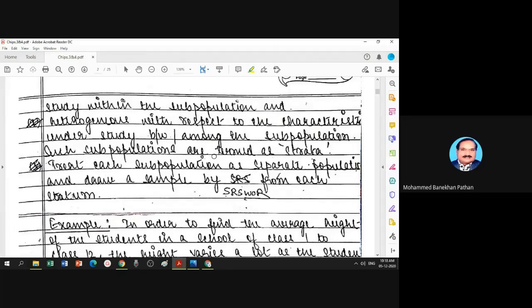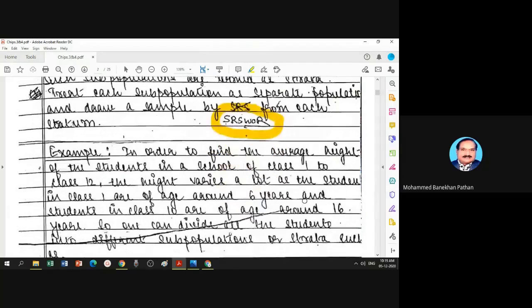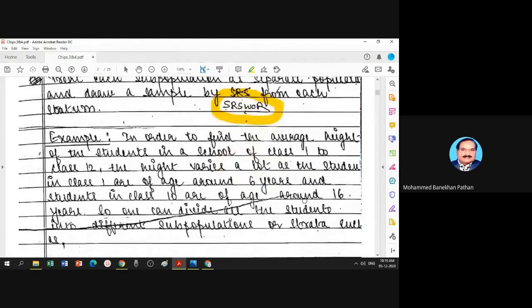Such subpopulations are termed strata, and after getting the strata, we treat each subpopulation as a separate population, and for every stratum we apply the previous technique of drawing a sample, that is simple random sampling without replacement. I repeat again, in stratified random sampling, our basic assumption is that the population under study is heterogeneous.